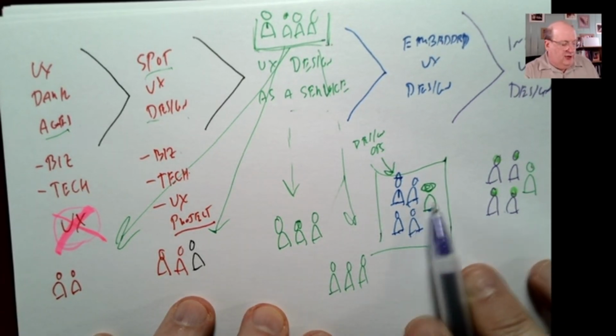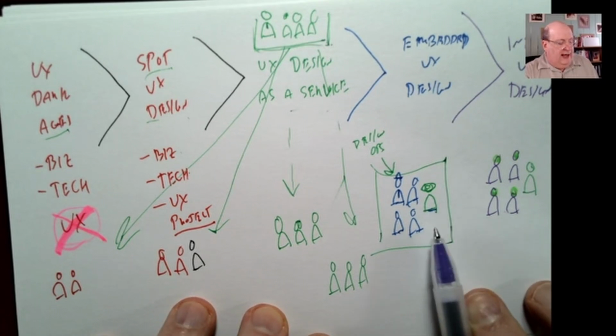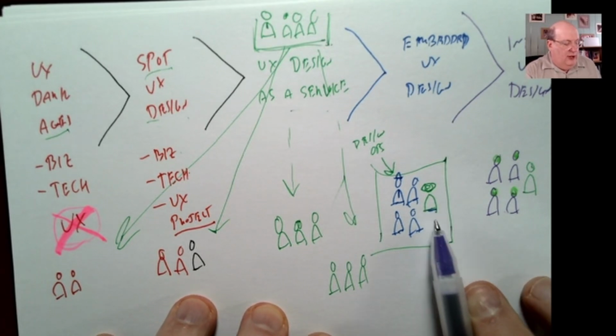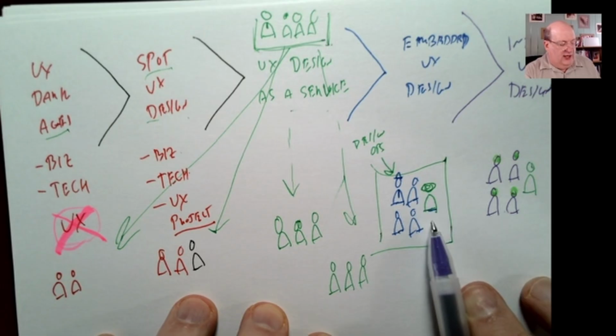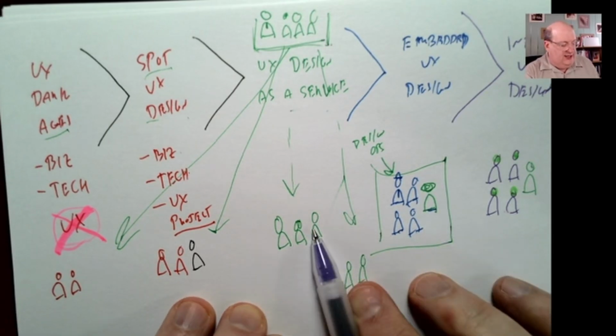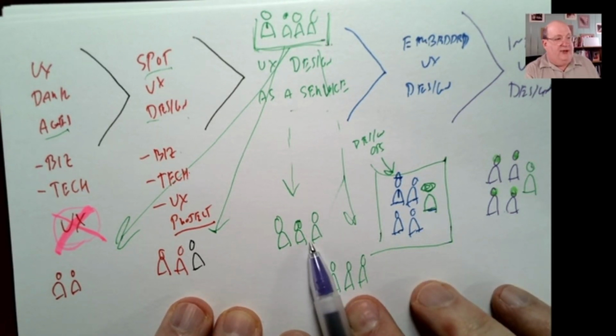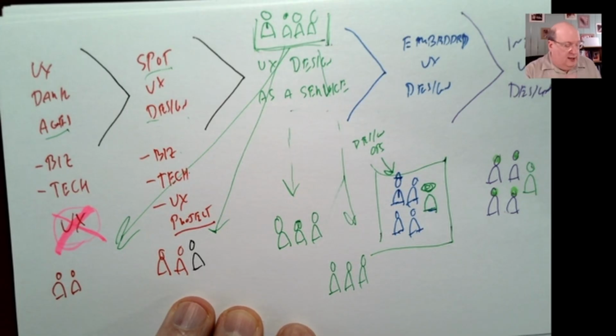Here we start to look at outcomes, and we're now making sure that teams have full-time UX capabilities, whereas here it's still drop in, drop out, as a service type thing.